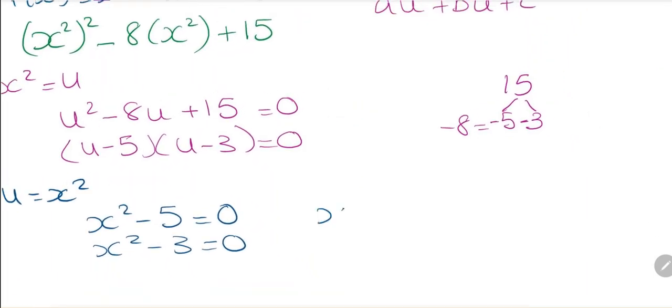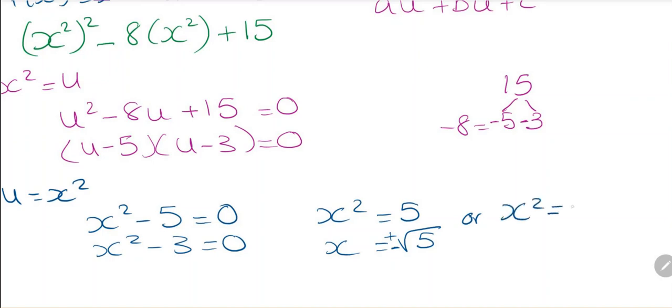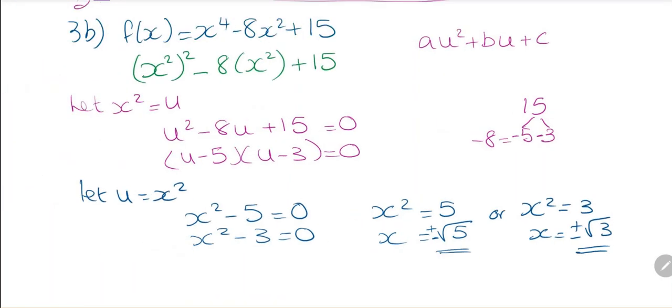So x squared is equal to 5. If I take the square root of 5, this is going to be a plus or minus answer. Or I've got x squared is equal to 3. Again, I'm going to take the root of 3. So I'll have my answers.